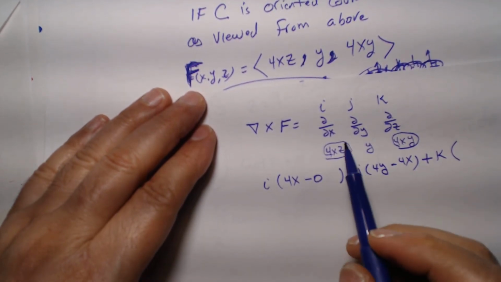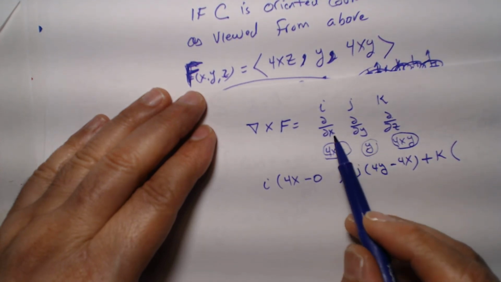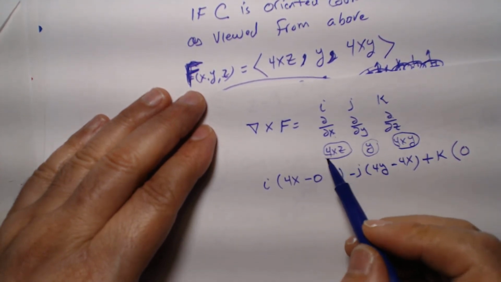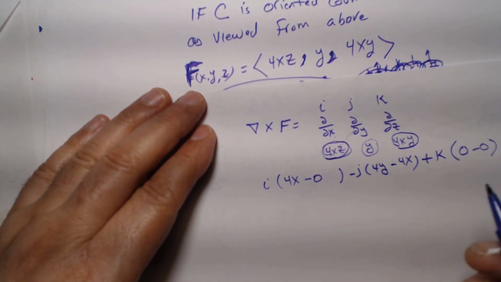The k component is the partial derivative of the y component with respect to x minus the partial derivative of the x component with respect to y.